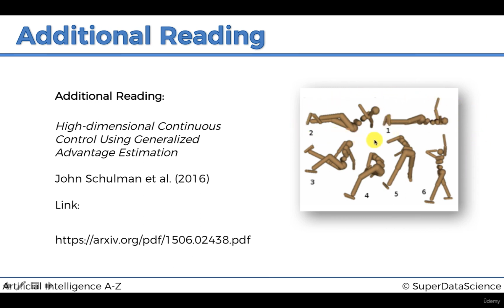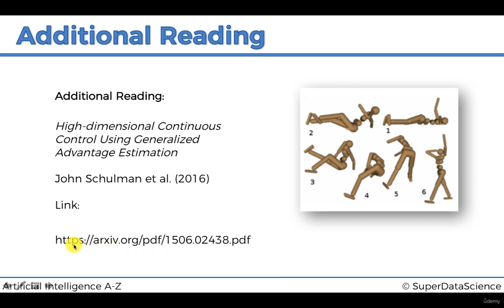Here you can find even more about advantage, and you'll find out the different types of advantages, such as generalized advantage estimation, and the advantages that you actually use in the formulas and calculations. So if you want to find out more about advantage, exactly how it works, the formulas behind it, and some of the top formulas and know-how in this space, then this is the article to go to.